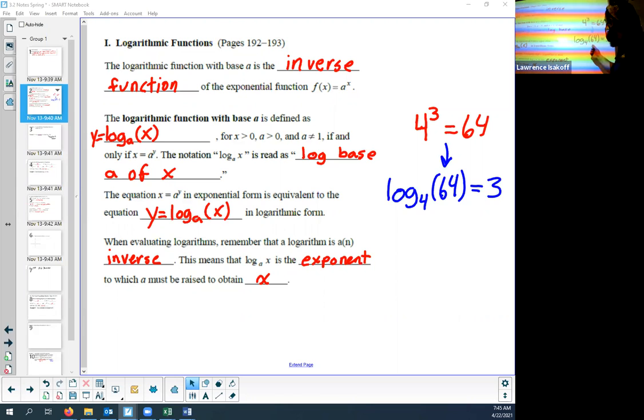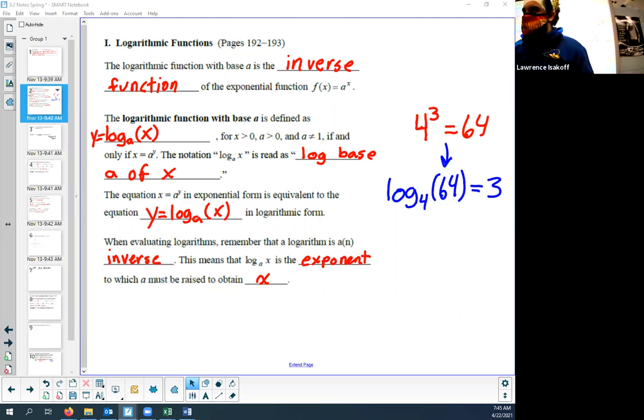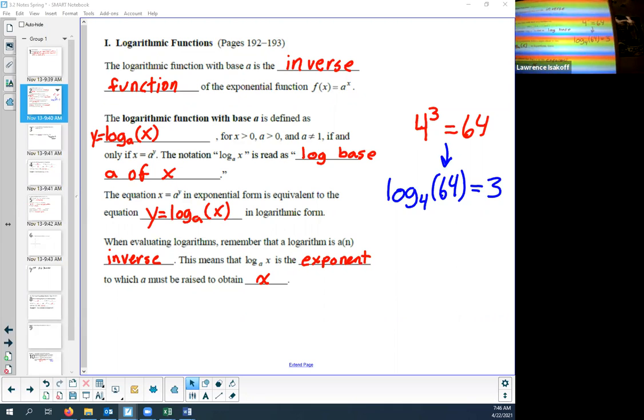Sorry, I got slightly confused reading this. So again, log base 4 of 64 is telling me that 4 cubed gives me 64. I know, that was a lot.